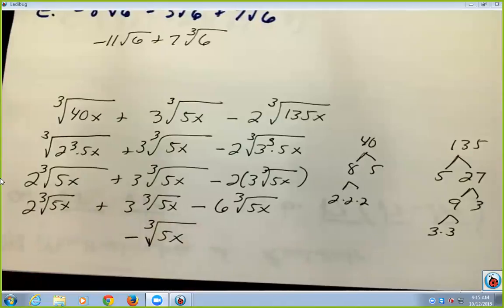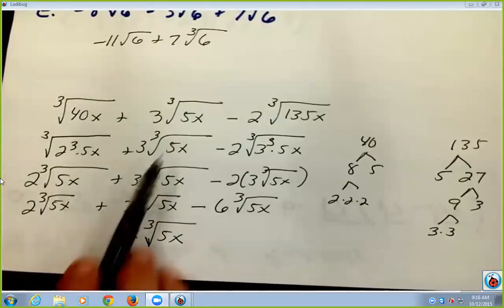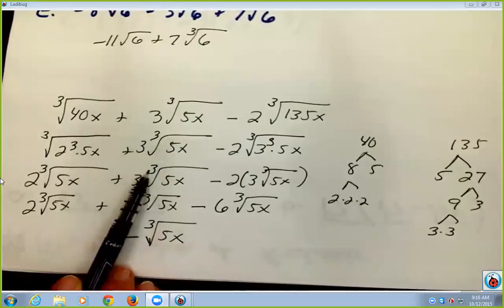So that's what happens with this one. The one that you planned on. This one, yeah, at the very bottom.